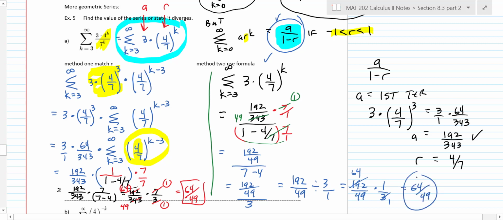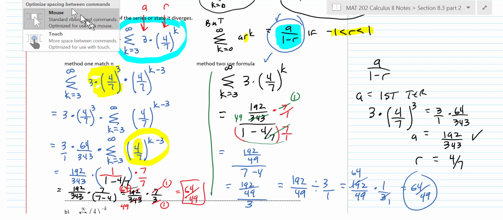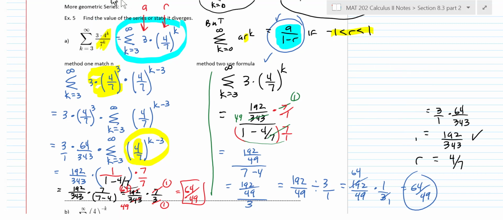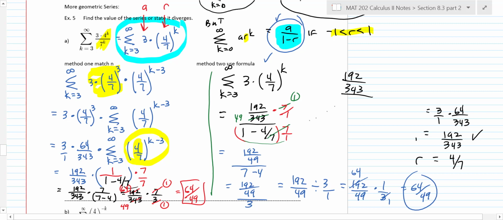So there's a lot of arithmetic in this. It's not hard arithmetic. You generally have complex fractions popping up, so the way I always do this is just multiply to get rid of them. You could also do this if you wanted to. You know, it's kind of your call with whatever you prefer to do. If you were doing this problem, you could also say this is 192 over 343, and then this is 3/7.